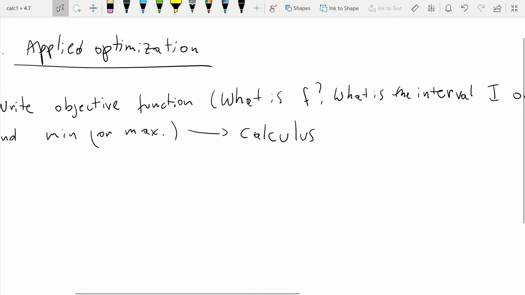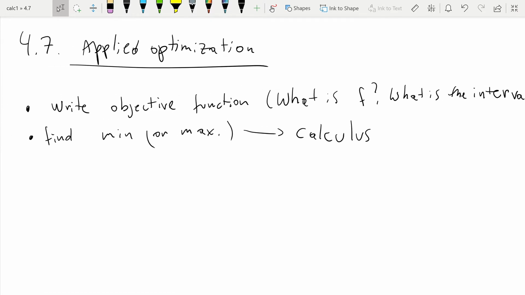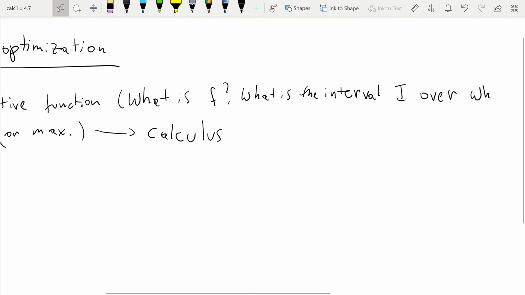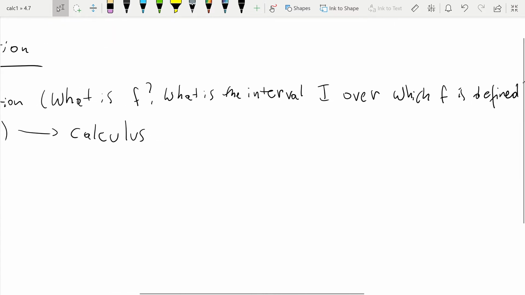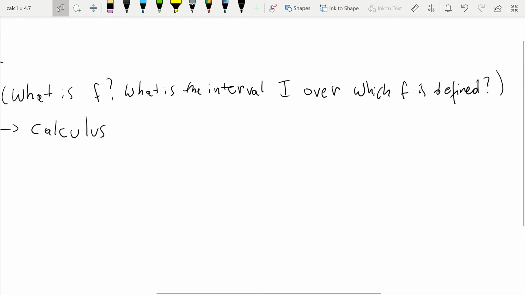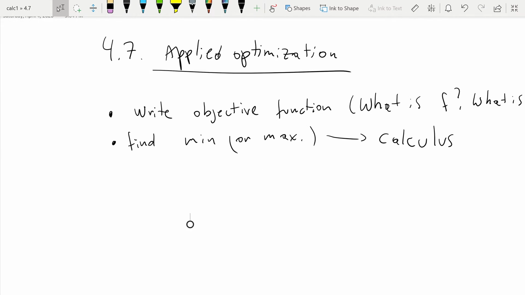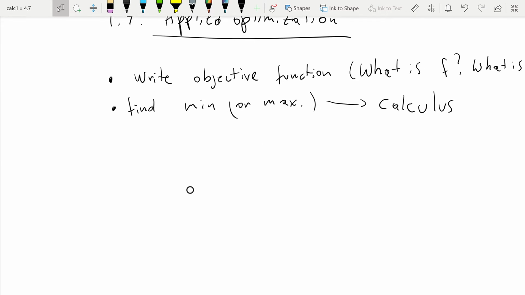The first part, we might think of it as transforming the problem into a mathematical problem. Once you write the problem as a problem of maximizing or minimizing the function f over an interval, then calculus will take over, and you just need to apply what you already know.